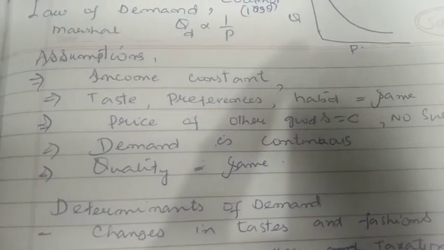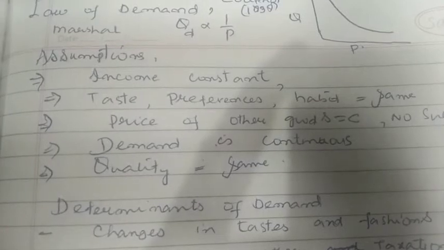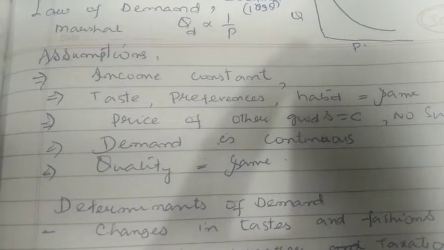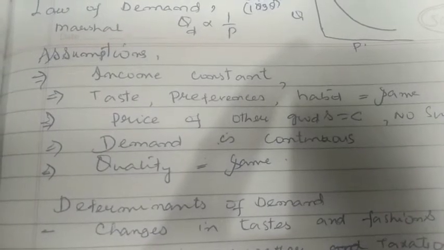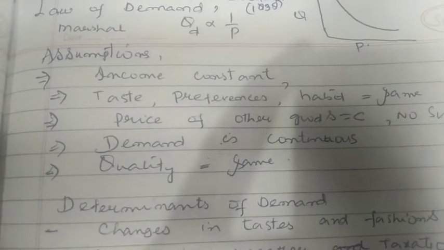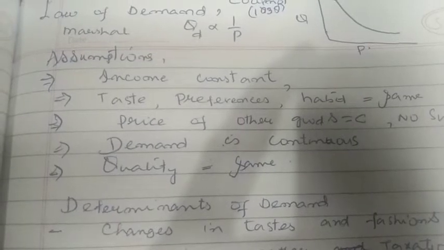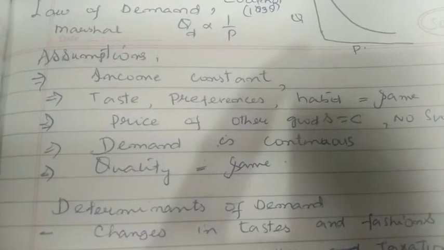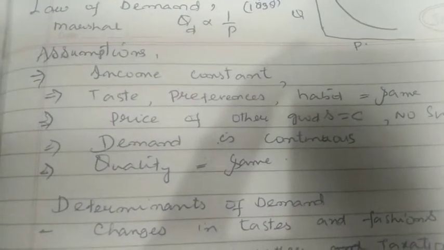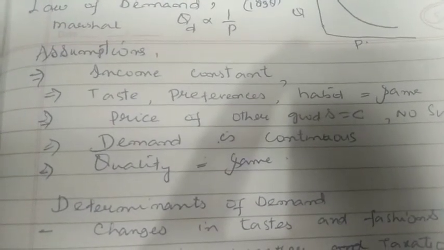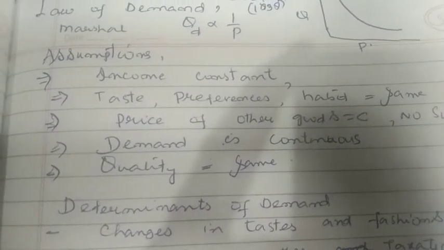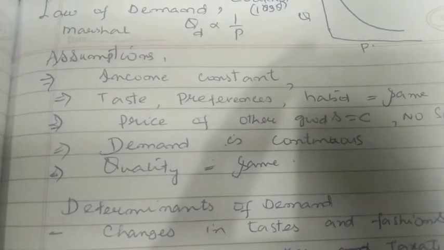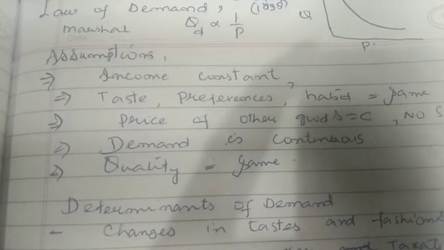Or your preferences, like you used to wear a t-shirt, now you don't want a t-shirt but a formal shirt, or some other object. So your preferences should be the same. Or you are studying one book, you prefer another, so the quantity demanded of the first will go on decreasing.